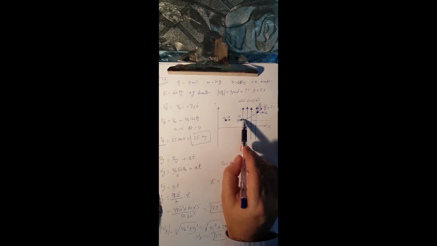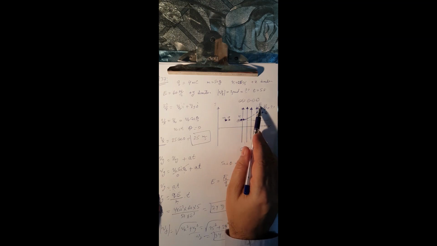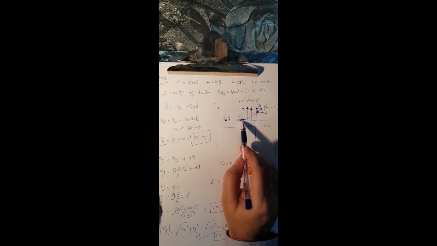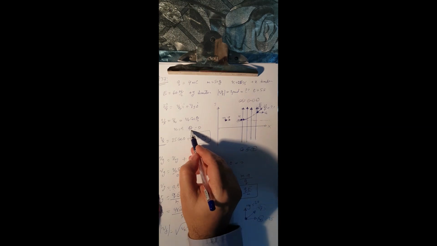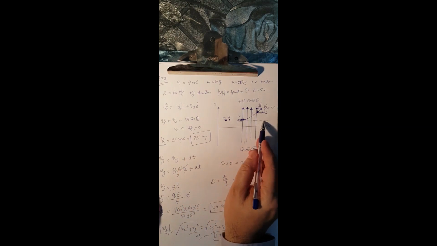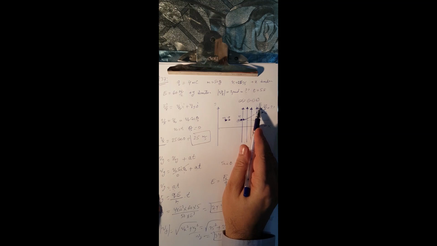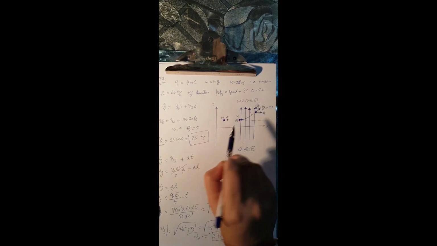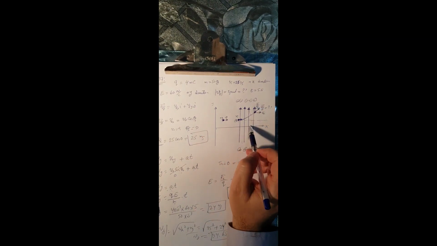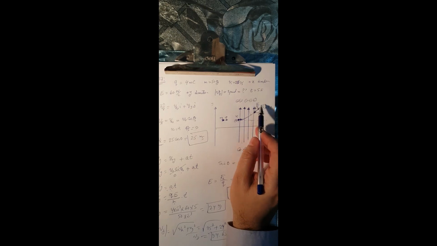Then the charge will take a path similar to a projectile, initially fired horizontally, so the angle of firing theta naught is 0, and it starts bending. After 5 seconds, the velocity points tangent to the path. So it has two components, Vx and Vy, and you have to know both.